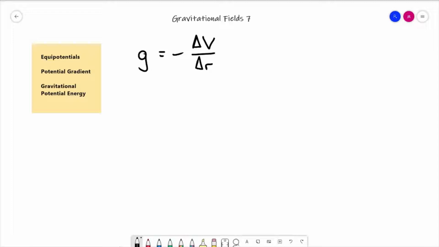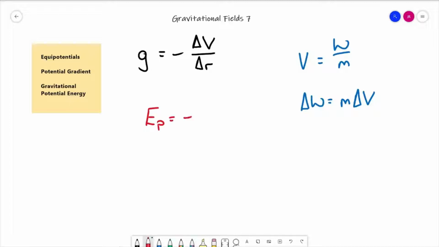After that, we defined gravitational potential energy. We used the original definition of potential, which was work done per unit mass, and rearranged it to delta W is equal to m delta V. From that we derived the equation: potential energy is minus G big M little m over r.